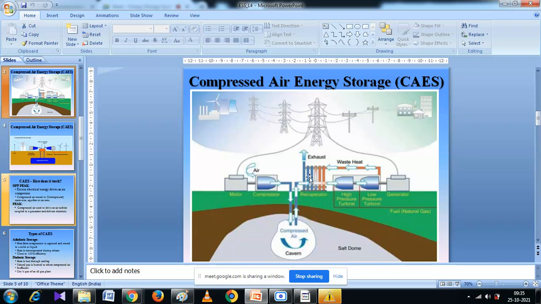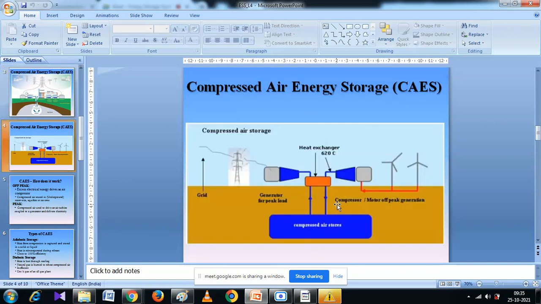This heat exchanger is called recuperator type, and that one is called regenerator type. Now tell me, how many types of heat exchanger are used for compressed air energy storage system?